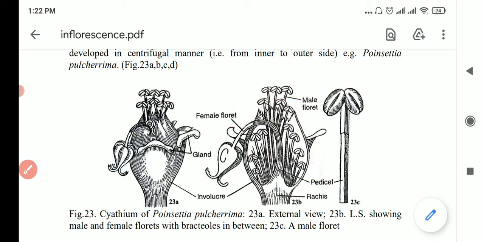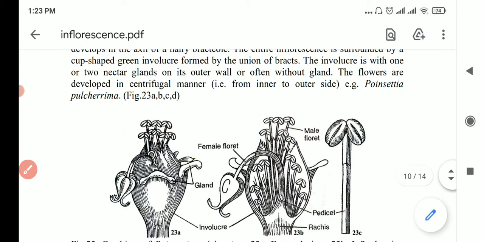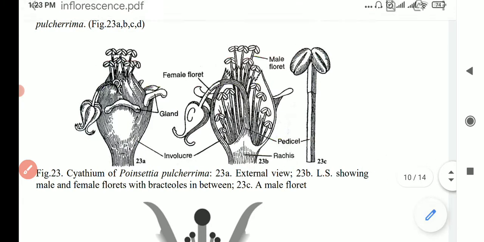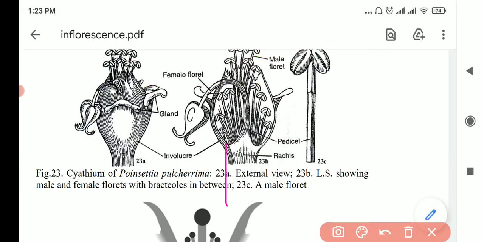So the inflorescence is like this, where you have the main axis, the rachis. Then you have the female flower, this one, and the male flowers, that is the androecium, inside the involucre.